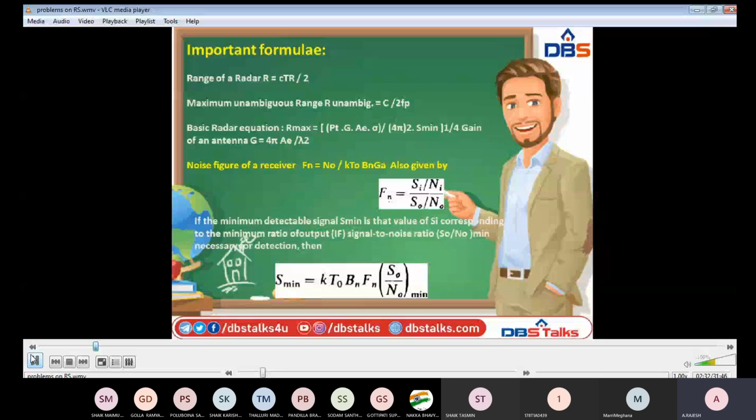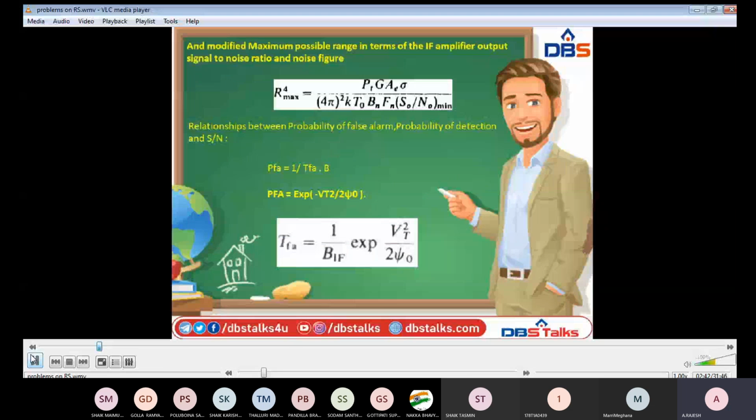And the modified maximum possible range in terms of IF amplifier output SNR and noise figure.